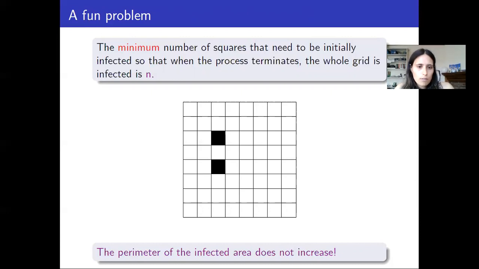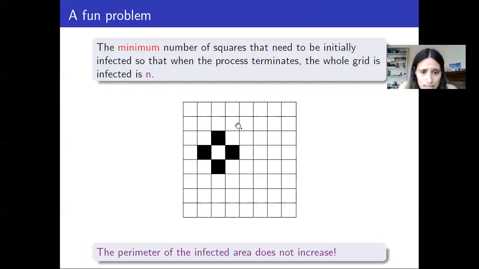Similarly, if you infect a square this way, analogously, it's not going to increase. And you can check that whatever infected area you start with, however a square becomes infected, it's impossible for the perimeter of the infected area to get bigger. Here again, when this square becomes infected, it's going to stay the same because we lose 2 and we gain 2.